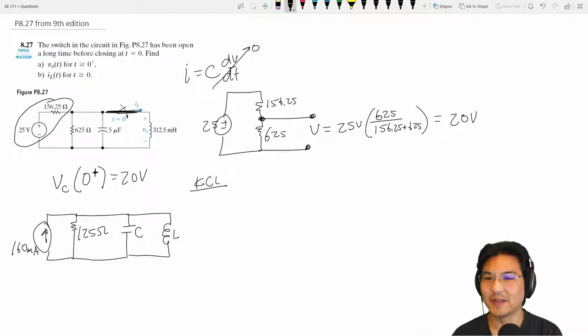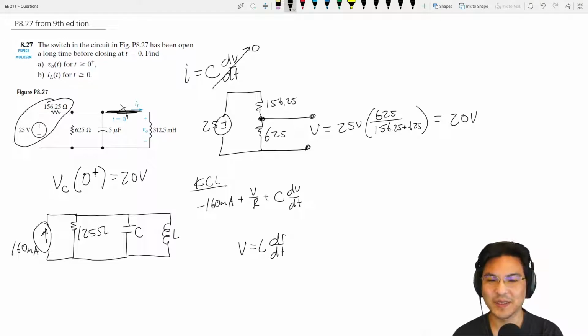So we got, let's say, going down from the top node, minus 160. And then for the resistor, the current would be V over R. For the capacitor, C dV dt. For the inductor, we know the voltage is L di dt, but I want current.